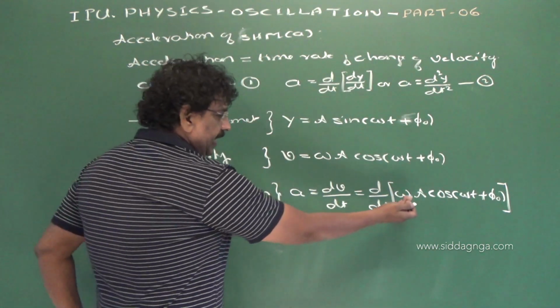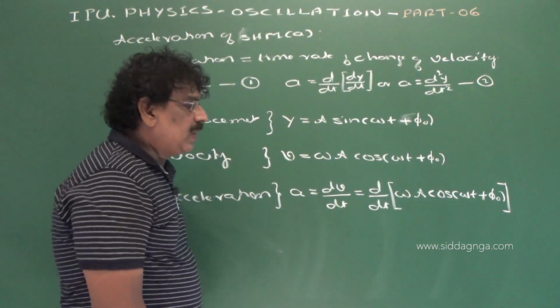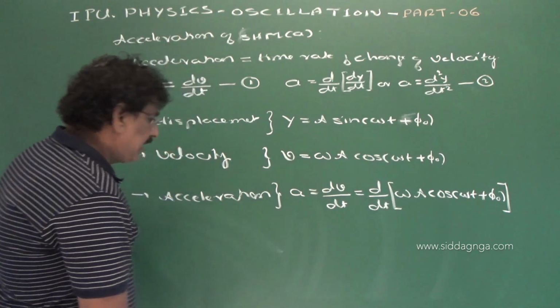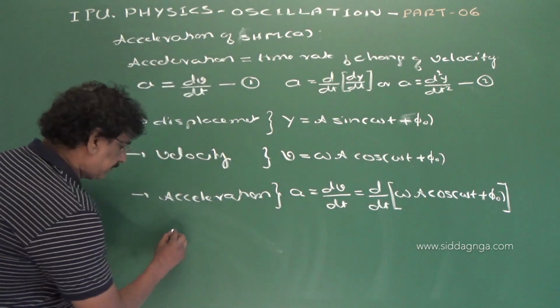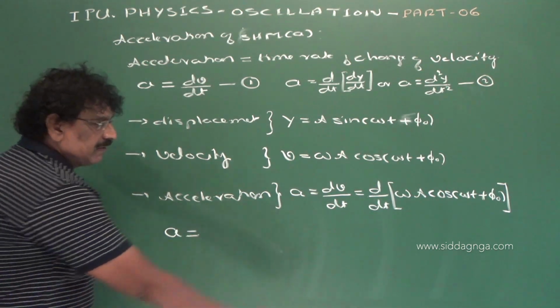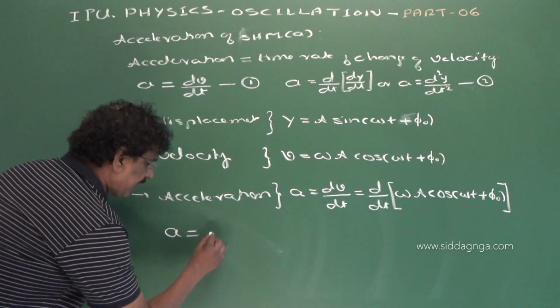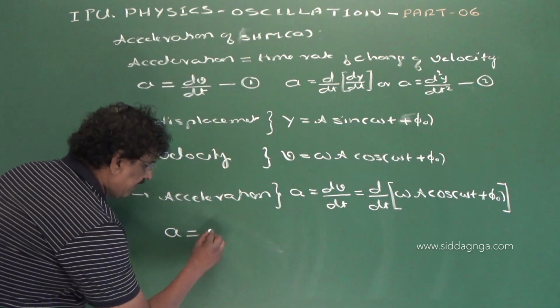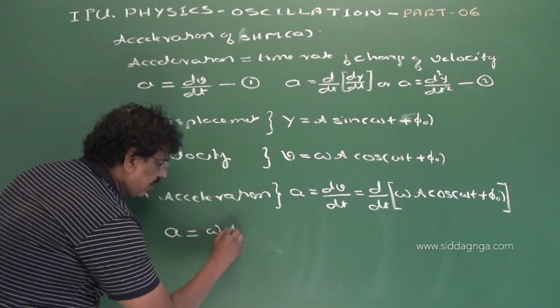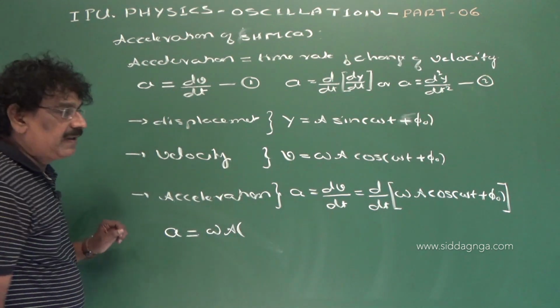Now we have to differentiate this term, omega a cos(omega t plus phi naught). Therefore we have acceleration a is equal to, while differentiating the whole thing, omega, a constant.